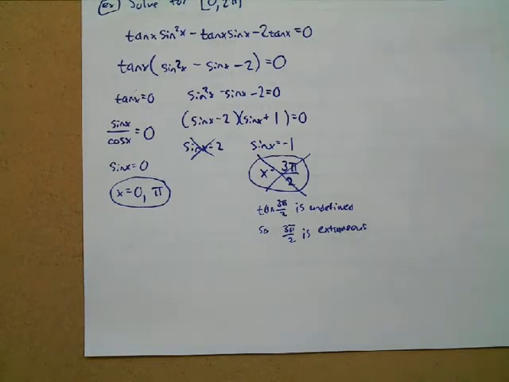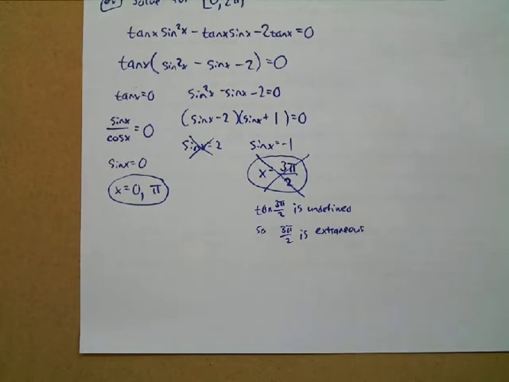Okay. So then let's jump into one other thing here that I have to show you. We'll do a couple of these too. So, solve again for 0 to 2 pi.